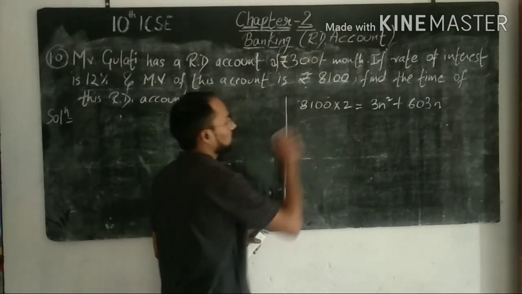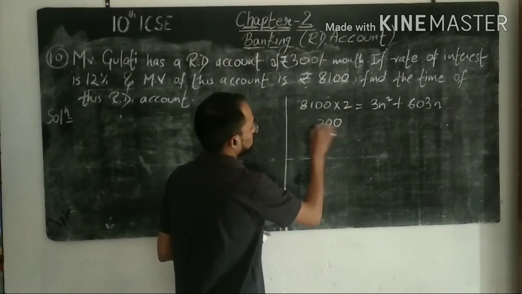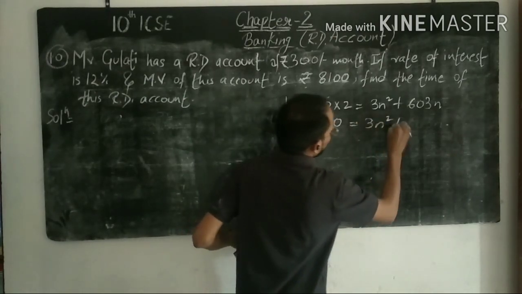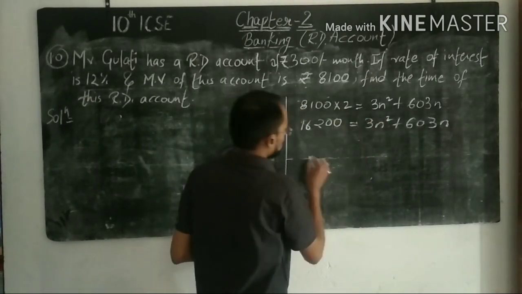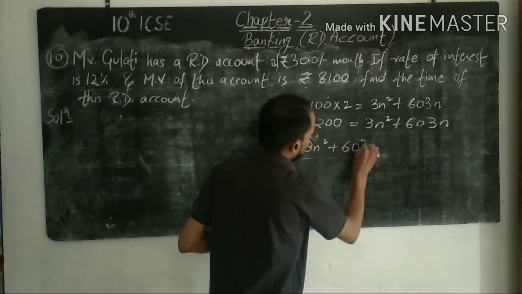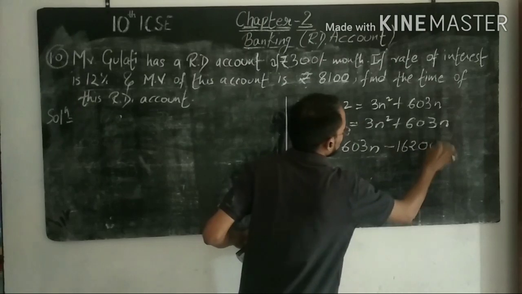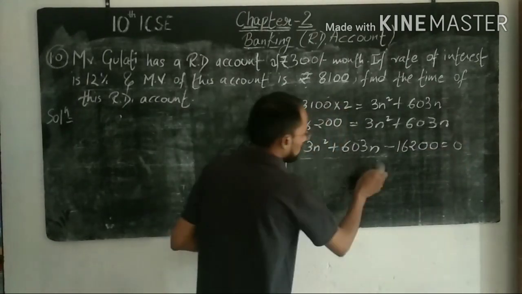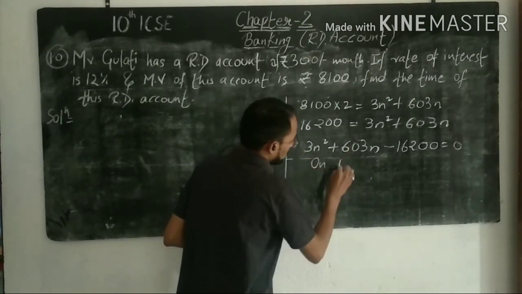Now we multiply 8100 by 2, which becomes 16200, and this is 3n square plus 603n. Now we transpose, so we obtain 3n square plus 603n minus 16200 equals 0. As we see, the equation is divisible by 3, so we divide by 3.